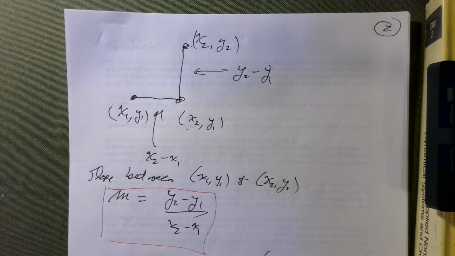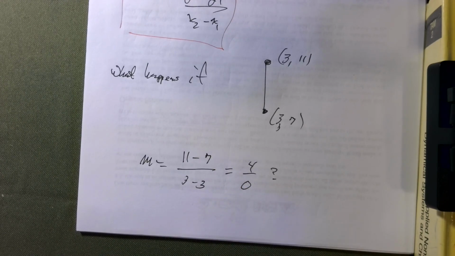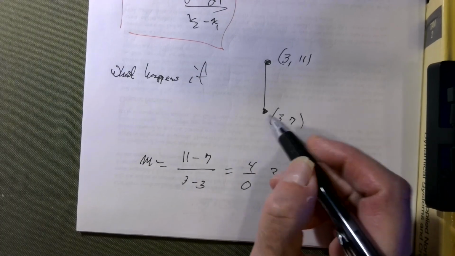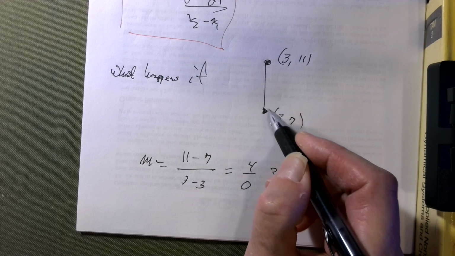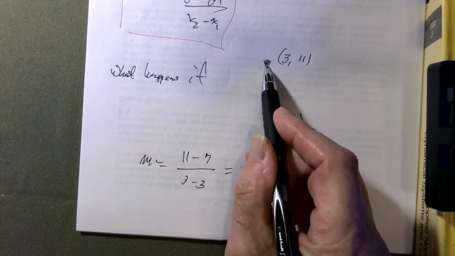So what happens if the line is vertical? Now, what do we mean by vertical? It means this point is directly above this one, or this is directly below this one.